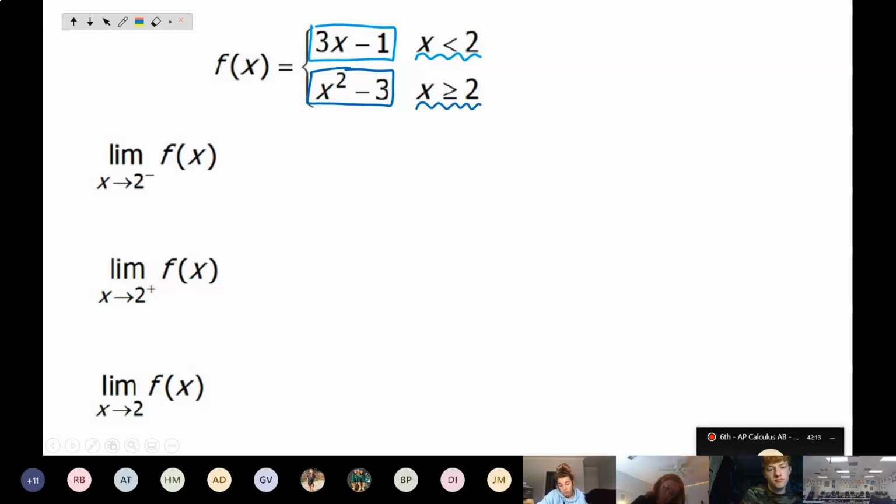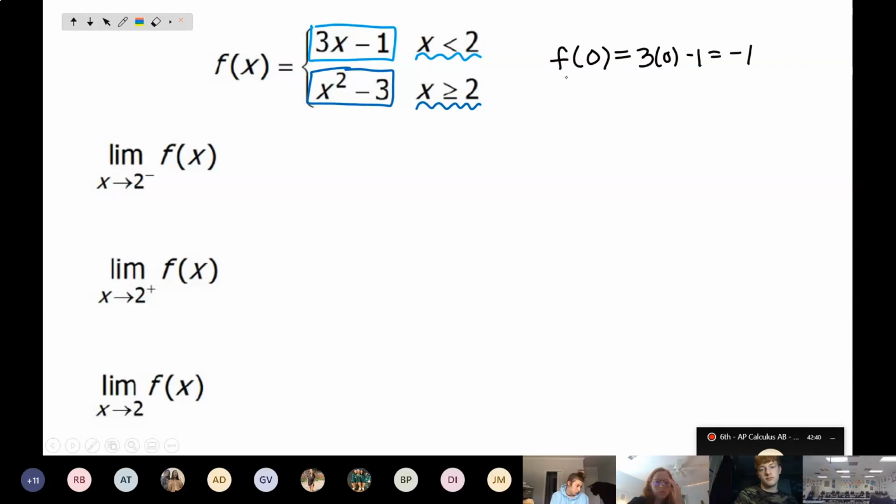Before we do the limits, let's review how we would find the value. If I just wanted you to find f of 0, which piece of the function would you end up using? The top one. The top one. 0 is less than 2, so you would use the top one to get negative 1.